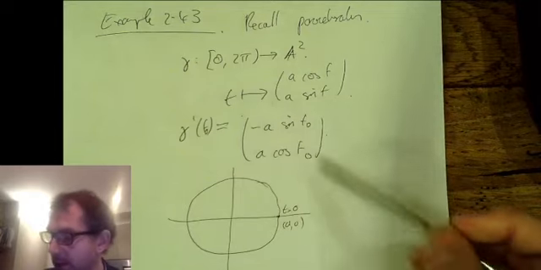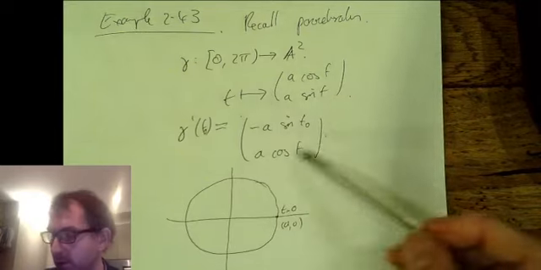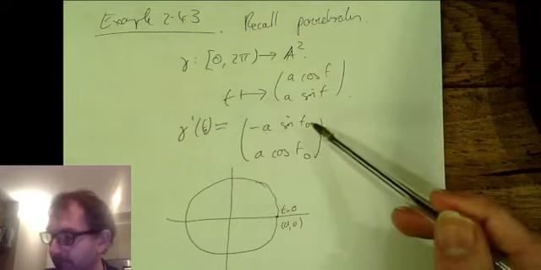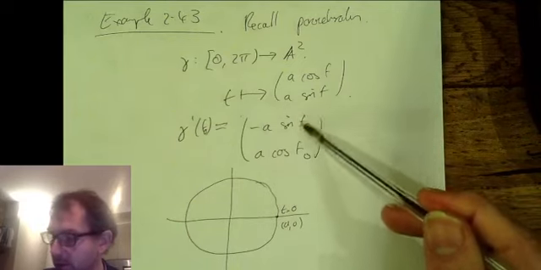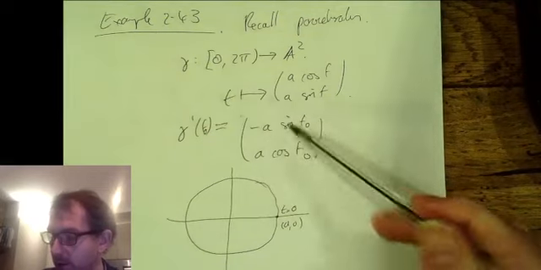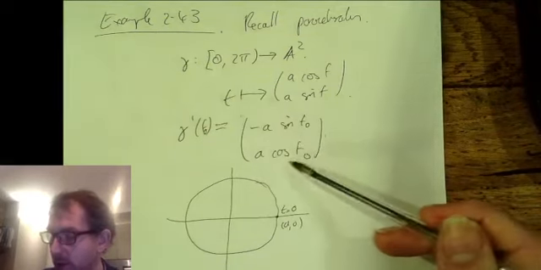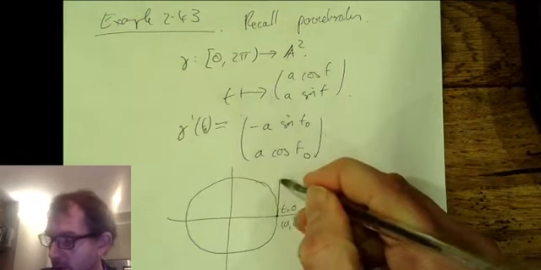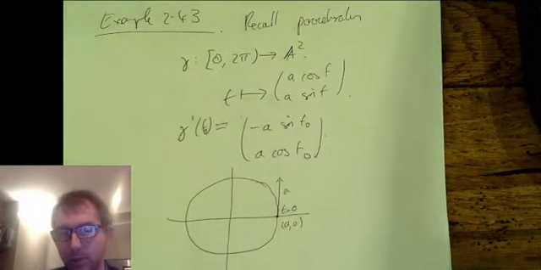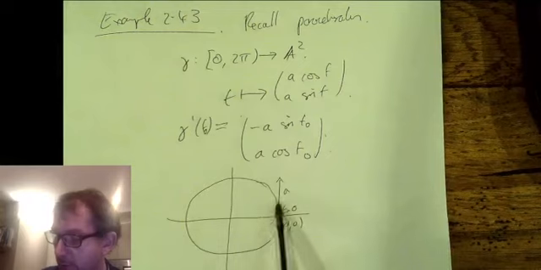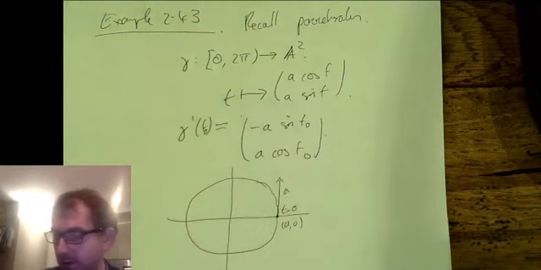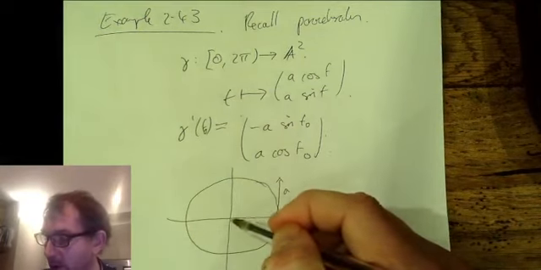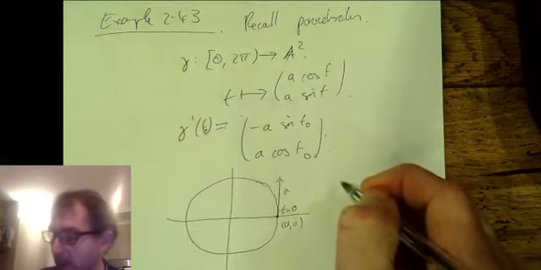If I plug t as 0 into this vector, I get 0 in the x coordinate, but I get a in the y coordinate. So I've got a vector here of magnitude a pointing directly upwards, and that is indeed, given that the point is going around this way, tangent to the curve at that point.